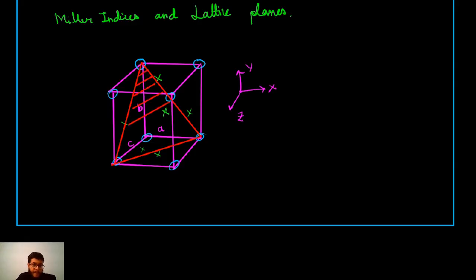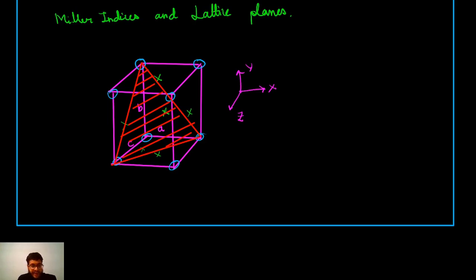This obviously extends beyond this unit cell because it's periodic. It has periodic boundary conditions and it's an infinite solid. But although the plane is infinite, it cuts through the unit cell at certain places, at certain lines and certain points.